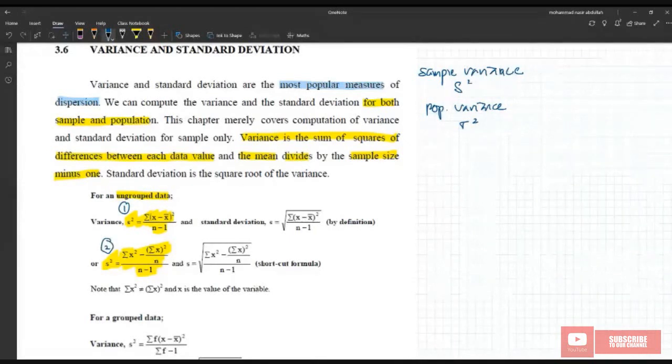We're not going to use formula number one because it is a very tedious calculation. So we're going to omit formula number one and use formula number two.